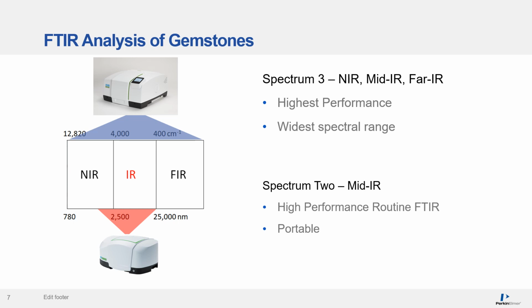The Spectrum 3 is the research grade instrument capable of measuring across the spectral range from the near infrared region through to the far infrared region using a combination of optical components. The Spectrum 2 is a routine FTIR instrument operating in the mid-IR region of the spectrum. The Spectrum 2 can be easily transported from place to place and can work in the field using battery packs.